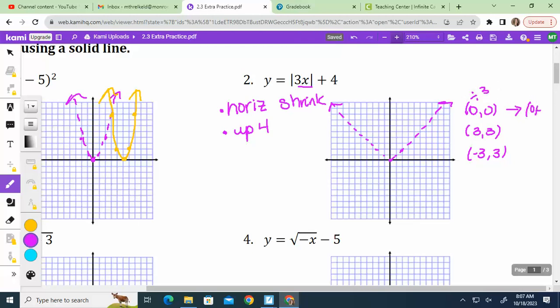So that would still be 0, 0. This would be 1, 3, and -1, 3. And then what do I have to do to each of those? Up 4. So I can start my 0, 0, and take that up 4. Okay, 1, 1 is going to turn into 1, 3, and then up 4.